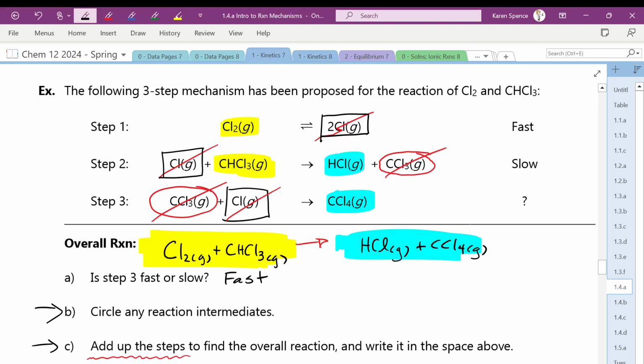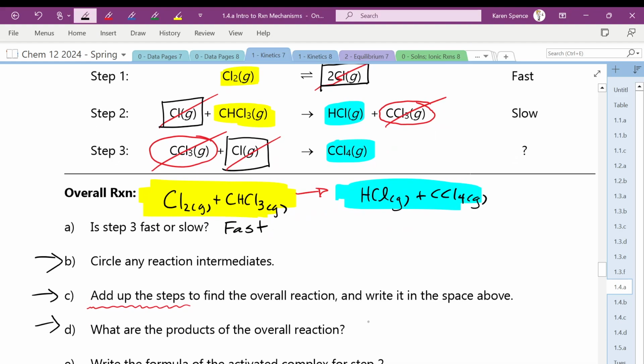So if you were to write the products of the overall reaction, it would be HCl plus CCl4. I don't know if it's worthwhile writing the activated complex for step 2, but if you had to, CHCl4 star would do. Okay, but I'm not going to make you do that.